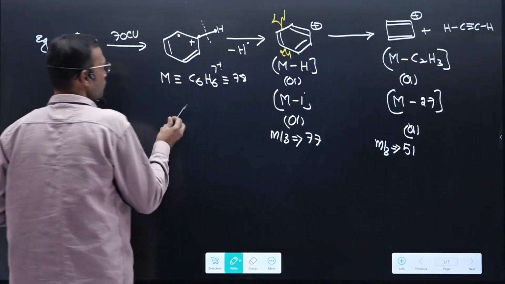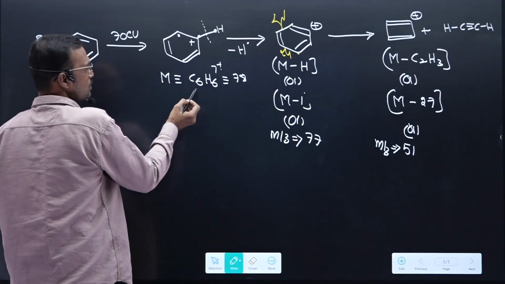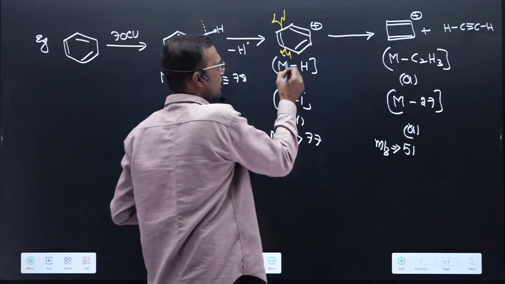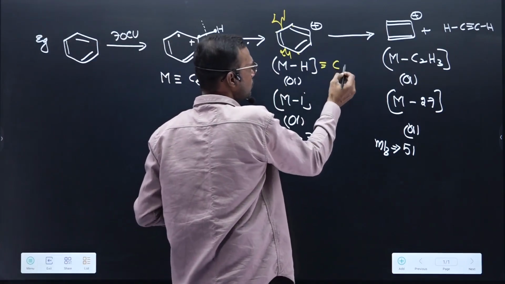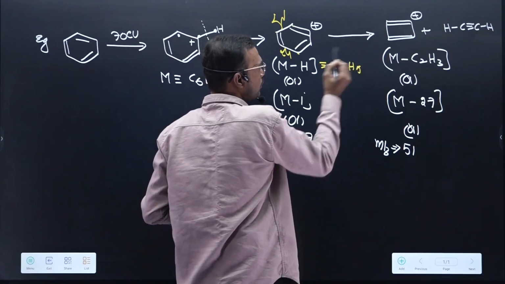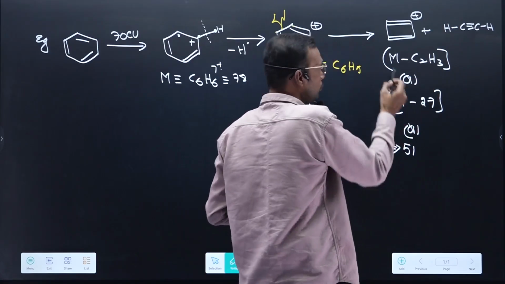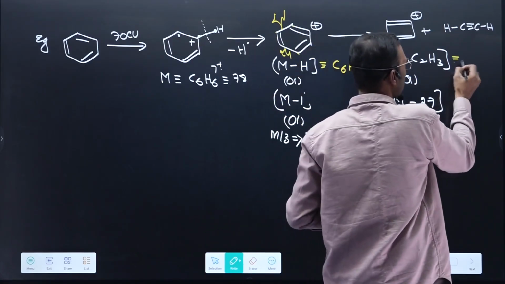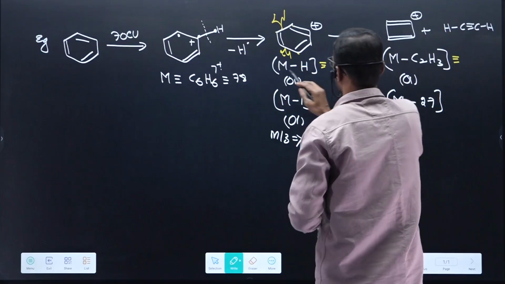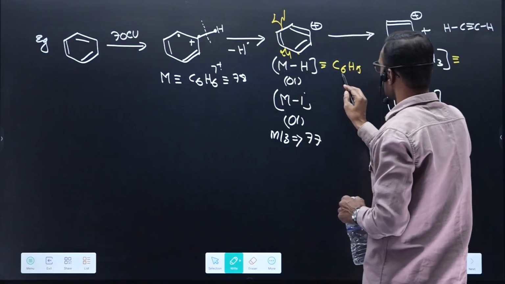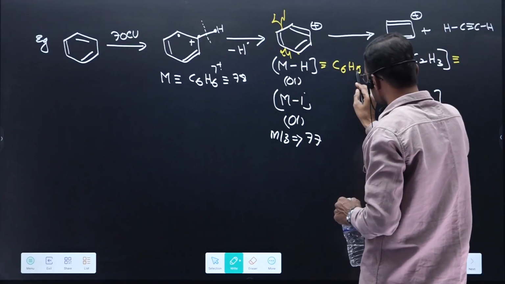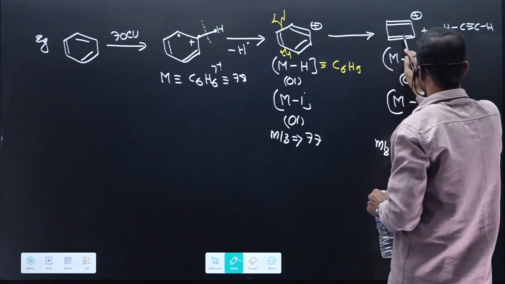So what is the formula of this one? C6H6. What is the formula of this one? See, from molecule if I remove one hydrogen, then what is the formula? C6H5. From C6H5, if I remove this one, you will get this one.